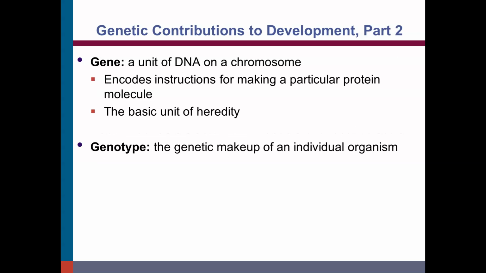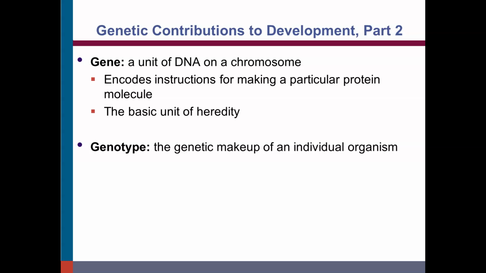Let's proceed. Okay, and we mentioned genes and genetics. So a gene is a unit of DNA on a chromosome. Okay? All right, so basically that's all we need to remember: a gene is a unit of heredity. And the next term I want you to become familiar with is genotype.